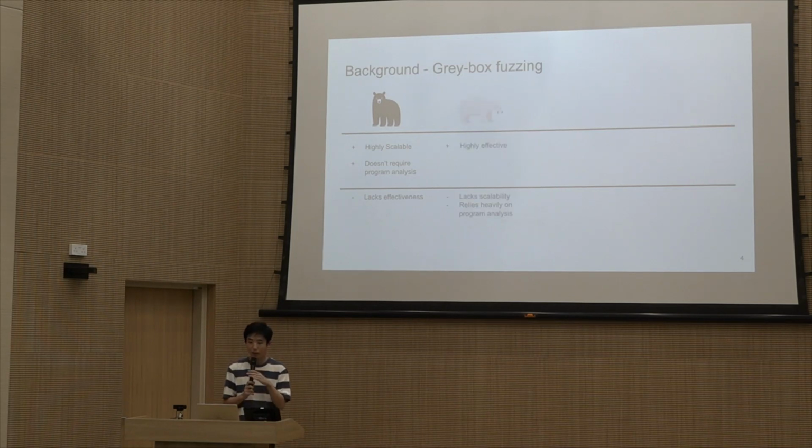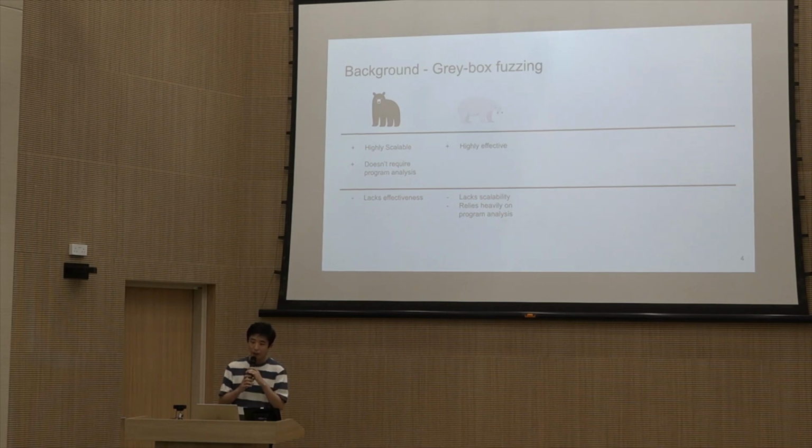The white box technique is highly effective because we know every detail of the program during its execution. The program is executed by the CPU instruction by instruction, and we track every detail of the execution, so we know what's happening inside the program.